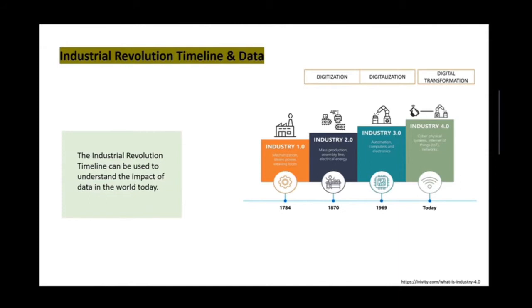So today, the world has experienced 4 different industrial revolutions. The first, the second, the third, and the fourth. I want us to look at the timeline of these 4 industrial revolutions. If you look at the timeline of the first and the second industrial revolution, it took about a century to make the transition from the first to the second.